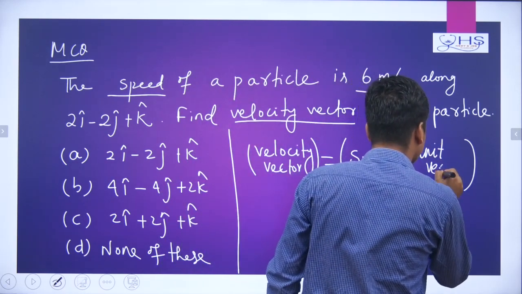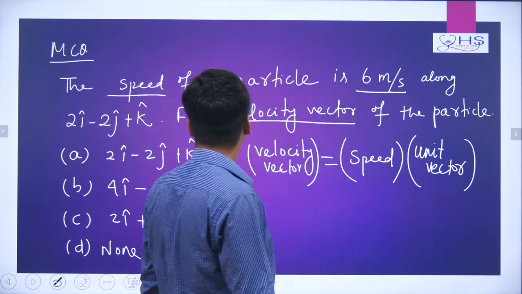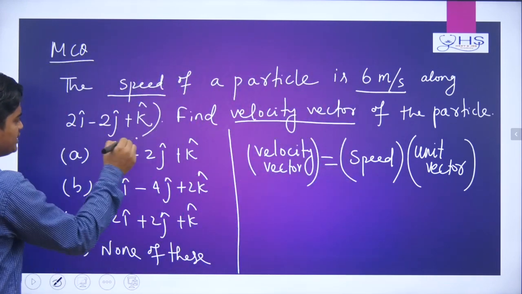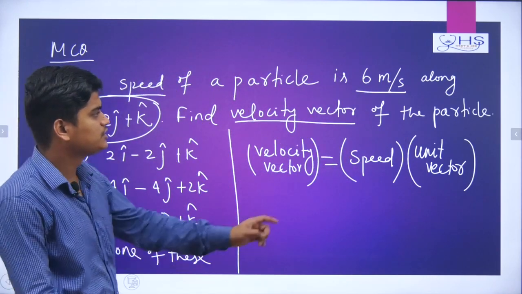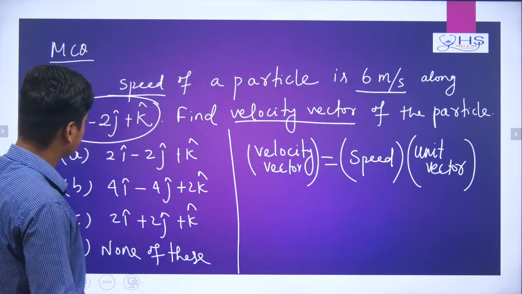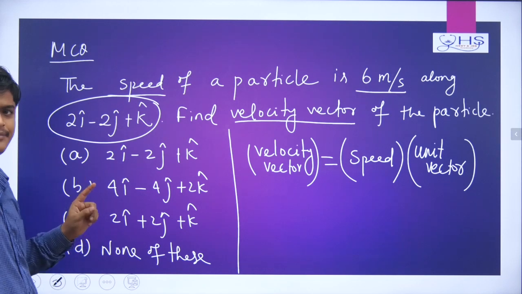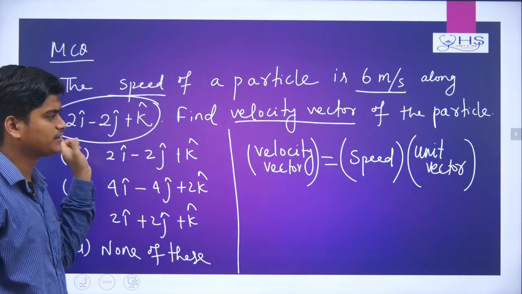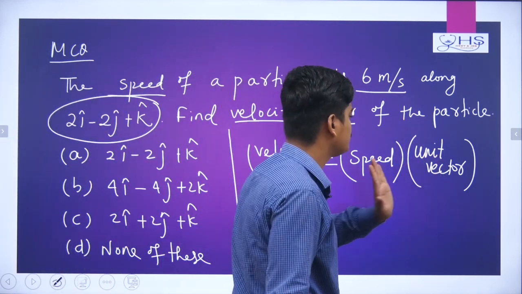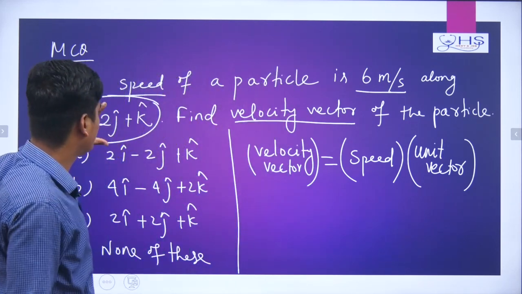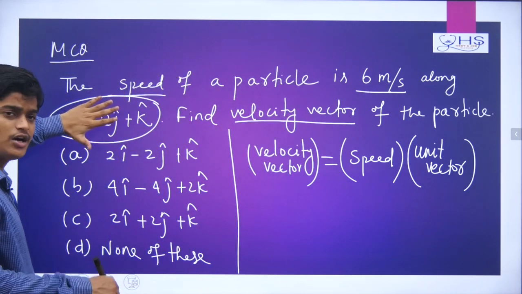Now where do I bring this unit vector from? I have to bring it from this direction. It is moving along this direction, but if you check, the magnitude of this vector will not become 1, which means it is not a unit vector. So I need to find the unit vector, as in the last slide.